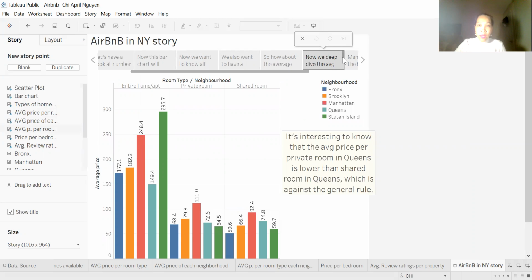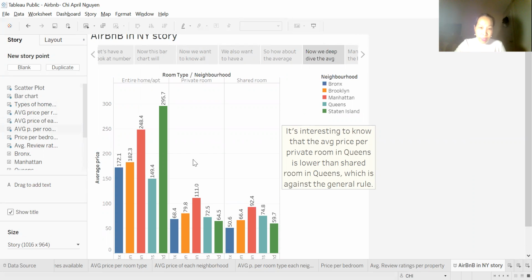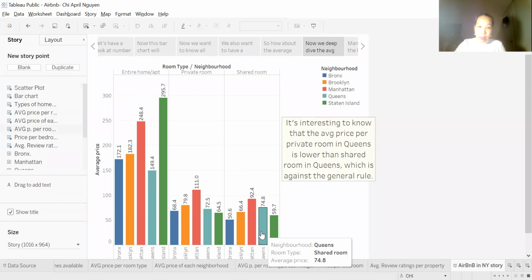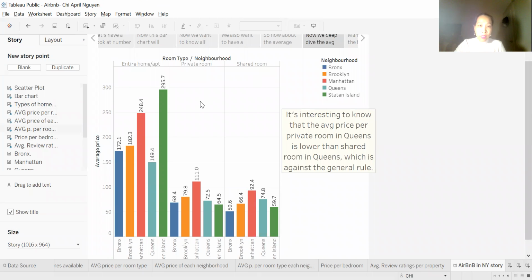Okay, so now let's deep dive into the average price per room type for each neighborhood. Here, we can see the trend is that shared room is always the cheapest, then private room, then entire home. But look at the chart. It is really interesting to know that the average price of the private room in Queens, which is 72.5, is lower than the shared room in Queens.